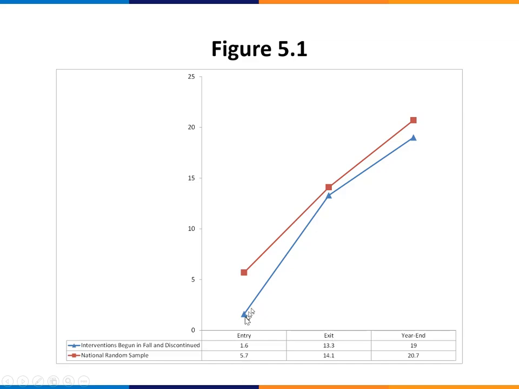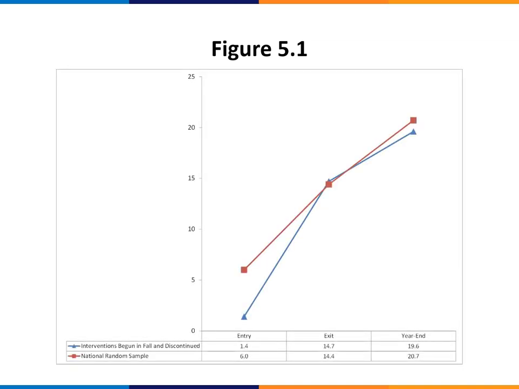You can see our Reading Recovery kids in this sample start pretty low compared to our random sample, and they exit, but in this sample data they don't quite catch up to our random sample kids. And then the gap even widens a little bit more by the end of the school year.